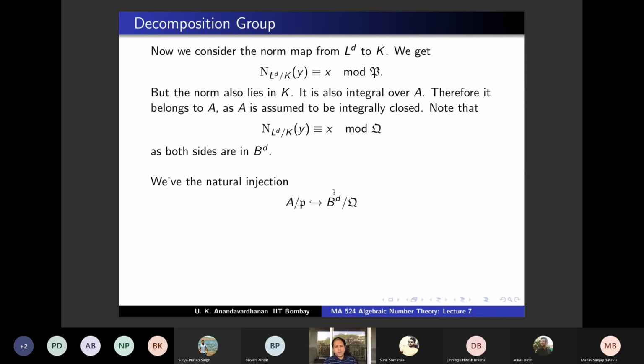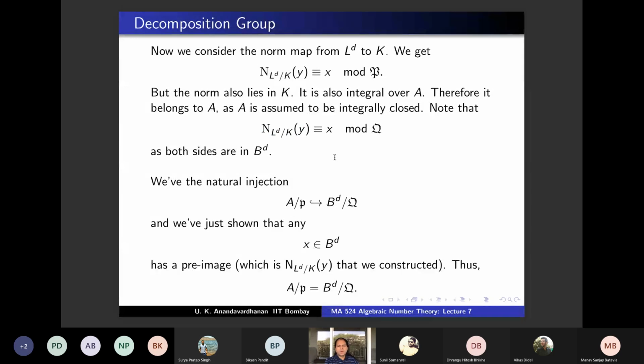We have arbitrarily taken an x from BD, and we are showing that x mod Q is the norm of y for some element y, and the norm of y belongs to A. So given any x here, you have got this pre-image, the norm of y. So the norm of y goes to x. So this is a surjection. We have just shown that any x in BD has a pre-image, which is the norm of y that we constructed. Therefore, these two sets are equal. That's what we wanted to show.